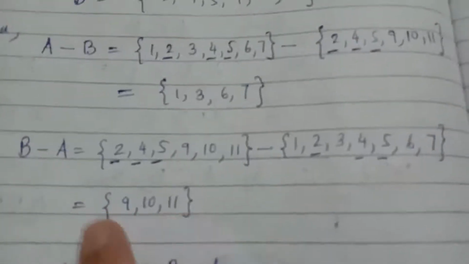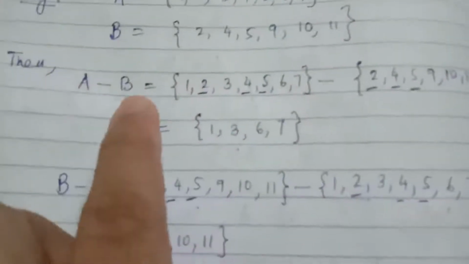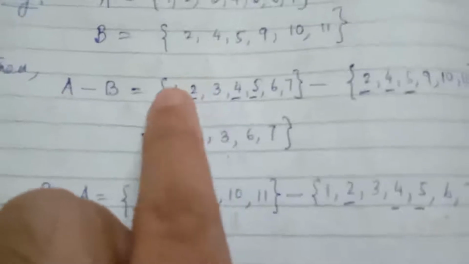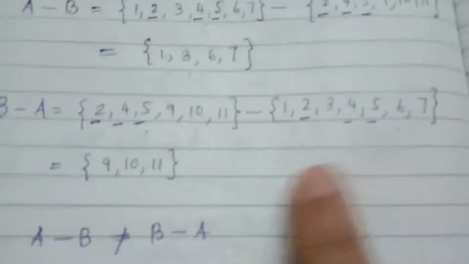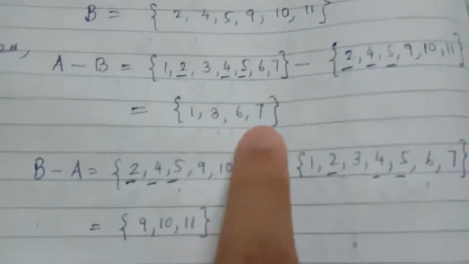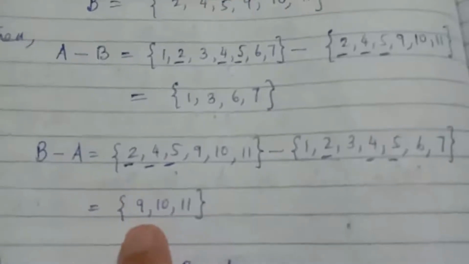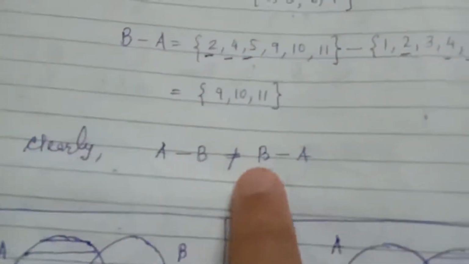The remaining elements are B minus A. A minus B means we have to write elements of A, the first set, removing the common elements. B minus A means we have to write the elements of B, removing the common elements. You can see A minus B is 1, 3, 6, 7. B minus A is 9, 10, 11. Clearly, A minus B is not equal to B minus A.